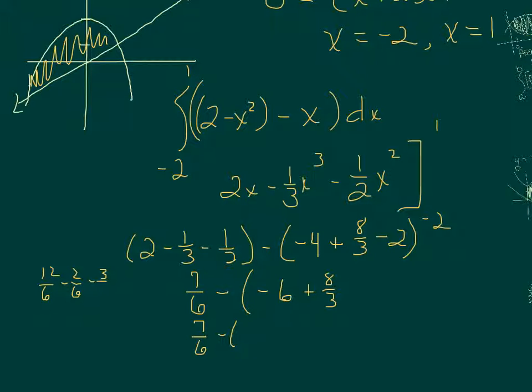So we have minus a -4, this would be 4 divided by 2 is 2, plus 8/3. Okay, so this is negative 10/3. That may be my problem. Is 7/6 plus 20/6, which is 27/6, which is 9/2.